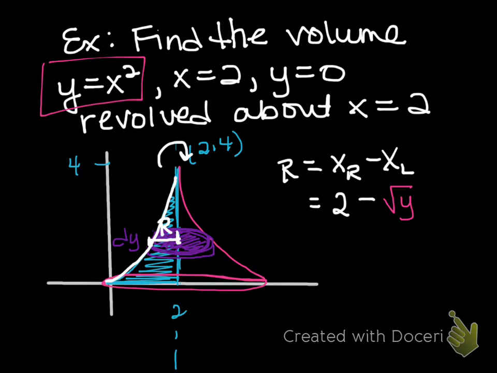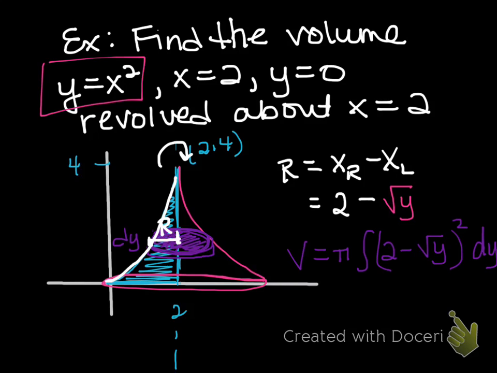Okay, so now we can go ahead and set up our integral. Remember, volume is equal to pi r squared times the height for a cylinder, which is the same as our disk, and we want to sum those up. So we're going to take an integral, taking the pi out to the front. We need the radius squared, so (2 minus the square root of y) squared, times the height or thickness of each of our disks, which is dy.